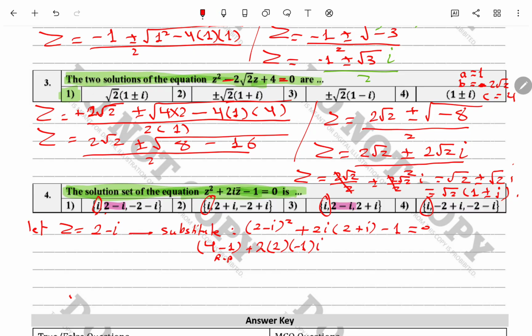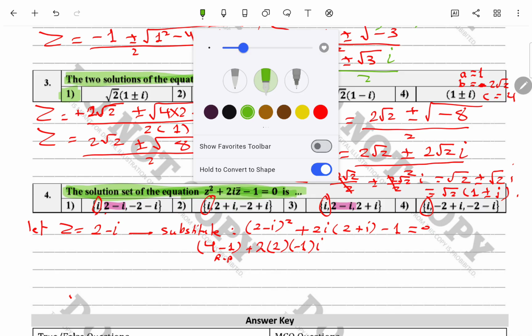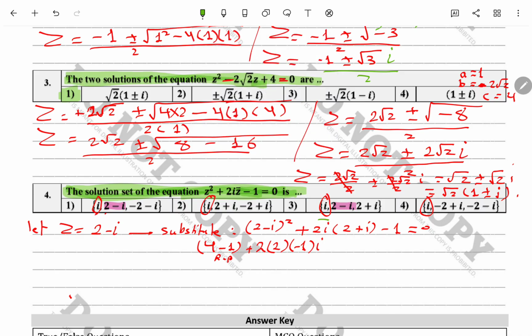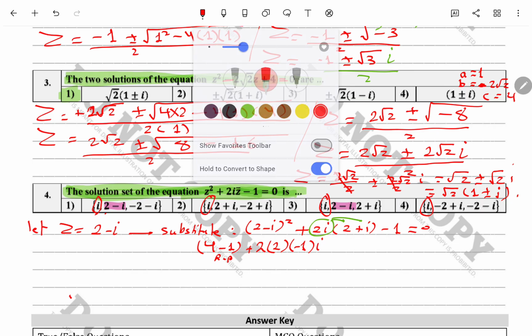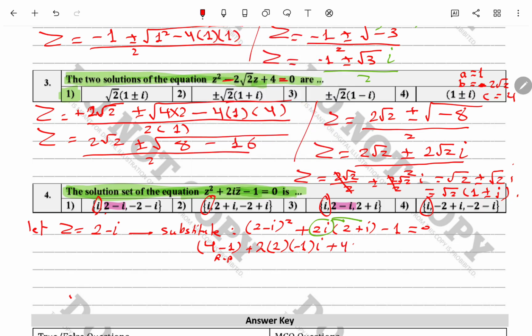And then think about expanding this 2i by the first bracket with 2 plus i, and you can get easily plus 4i and plus 2i squared, which can give you minus 2, minus 1 all equals 0.